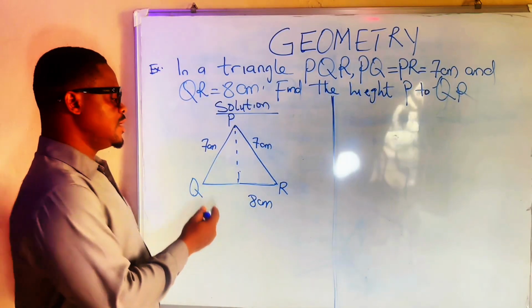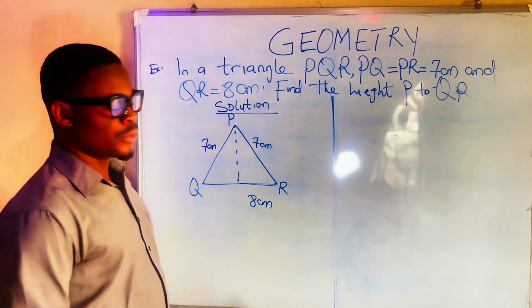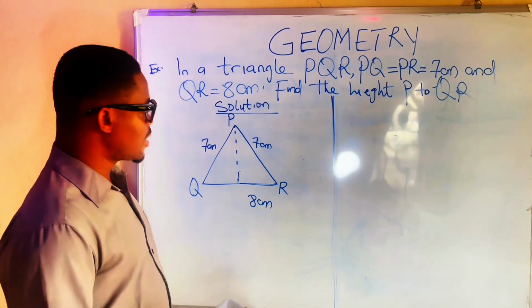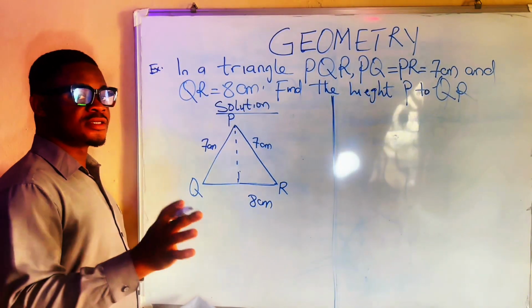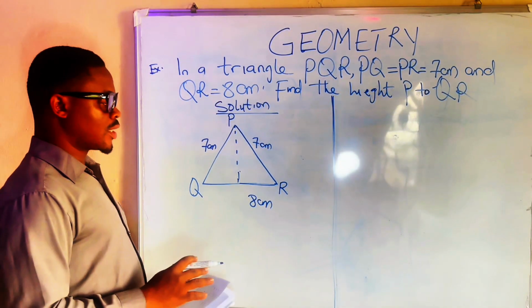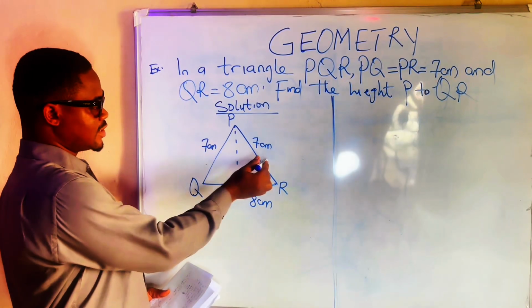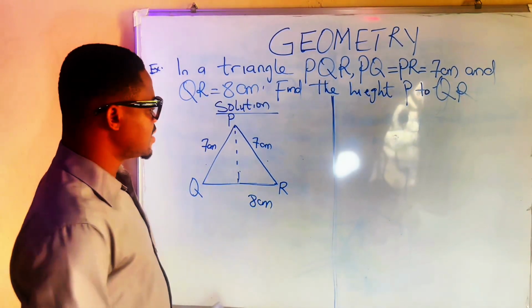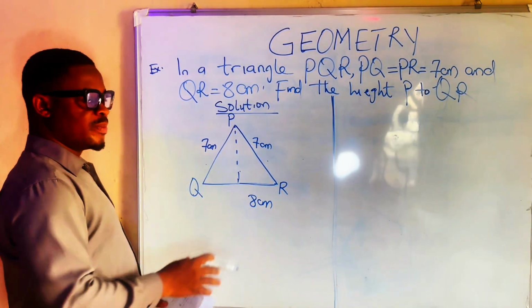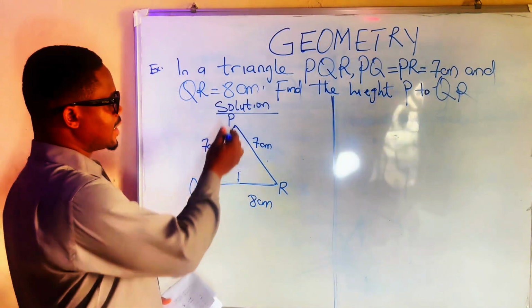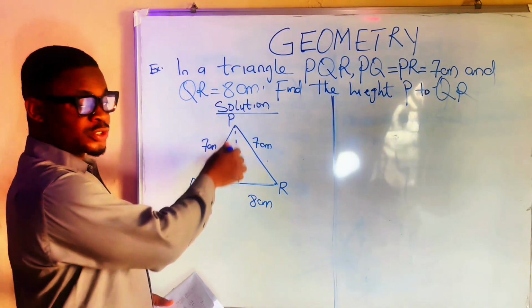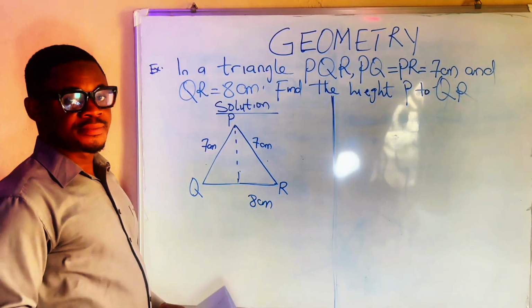So this should be an isosceles triangle. What's an isosceles triangle? An isosceles triangle is a triangle in which two sides are equal and two angles are equal. In this case, you have two sides, this side and this side, they are equal. What it means is that this triangle is going to be bisymmetrical, meaning I can divide this triangle into two equal parts.